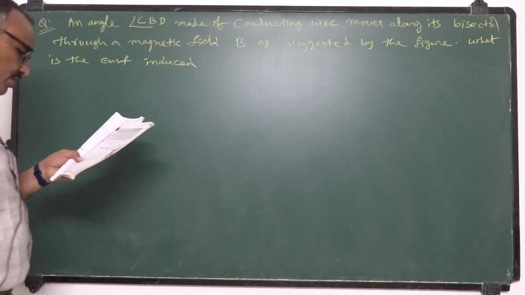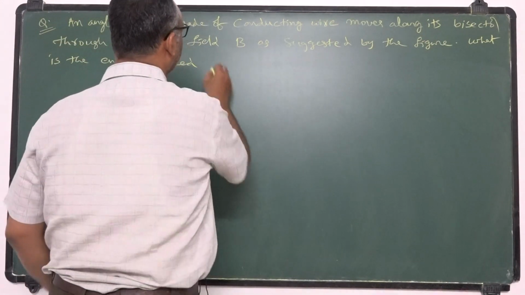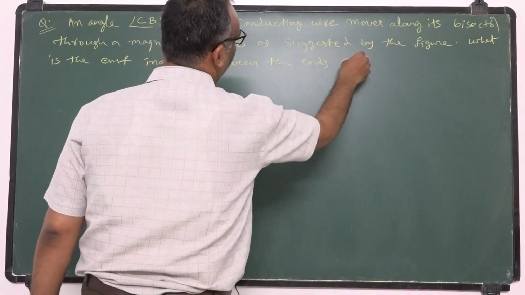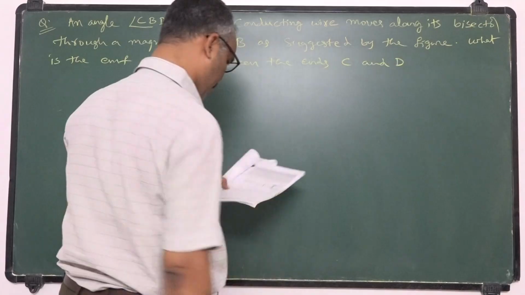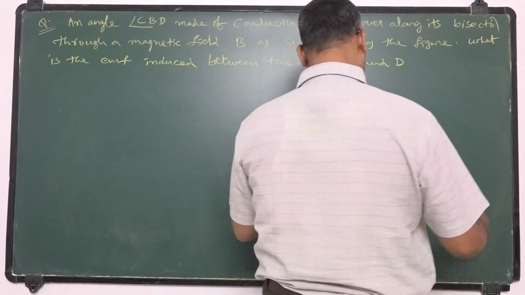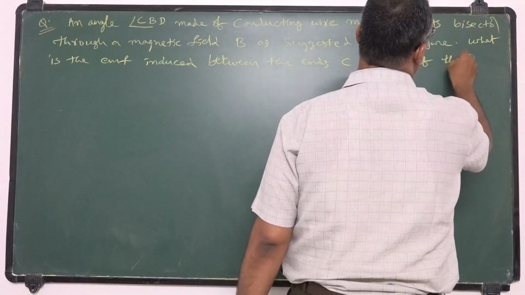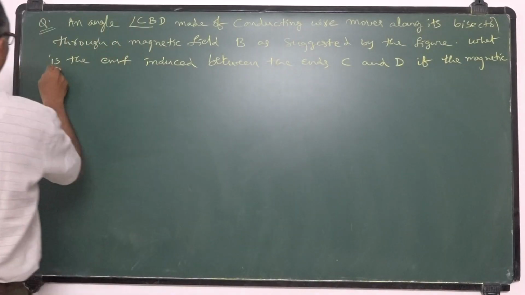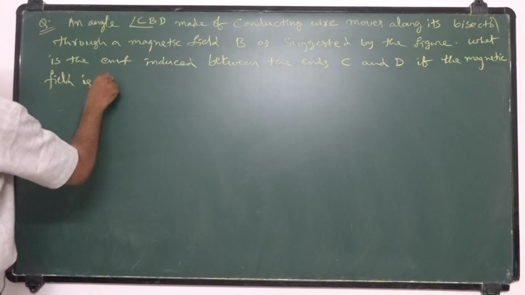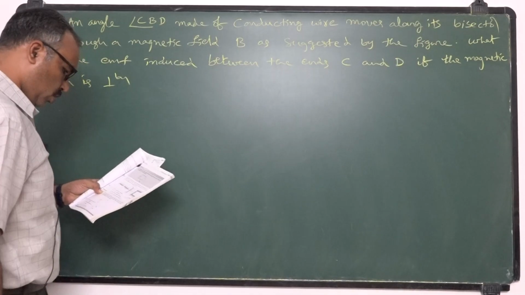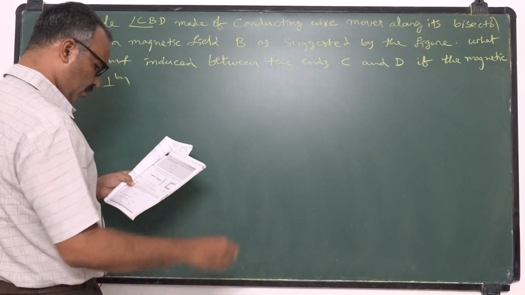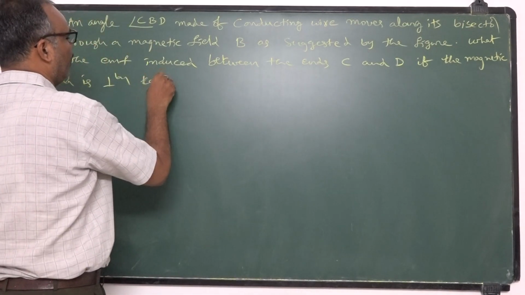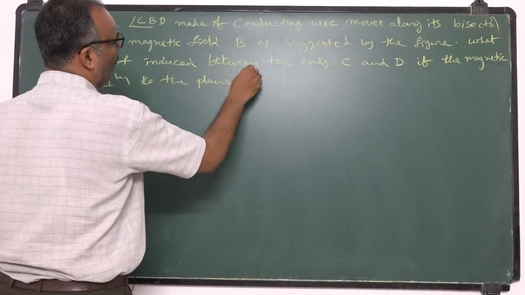What is the EMF induced between the ends C and D, if the magnetic field is perpendicular to the plane of the angle?